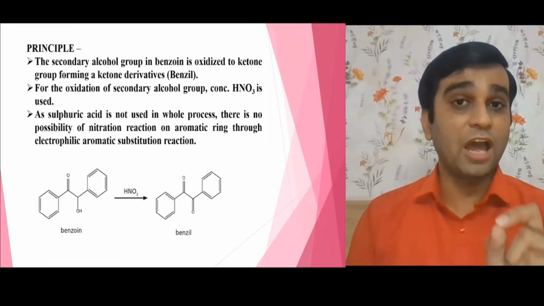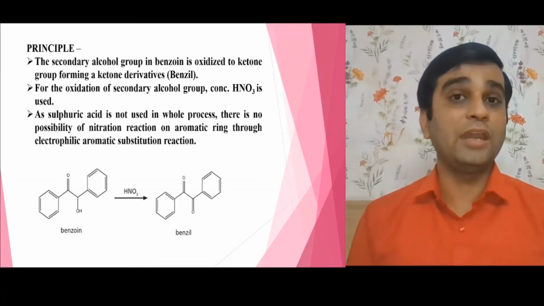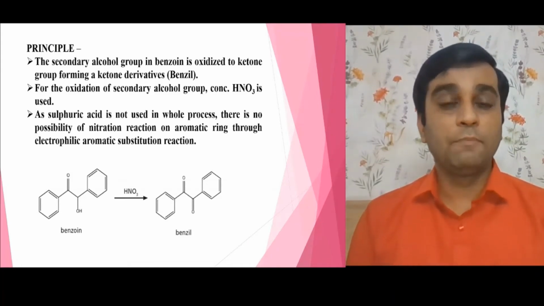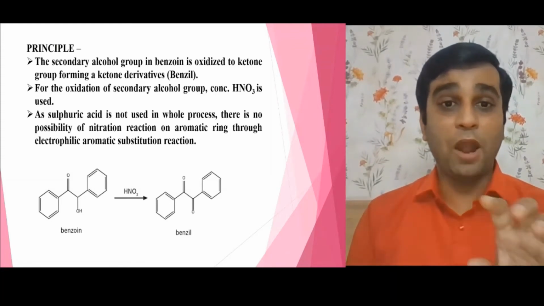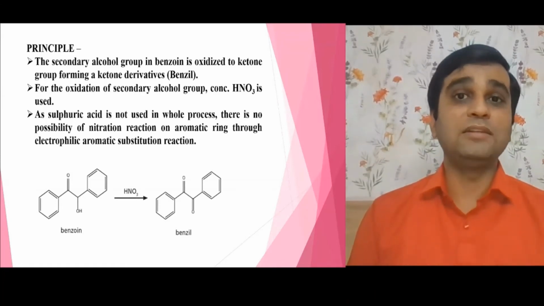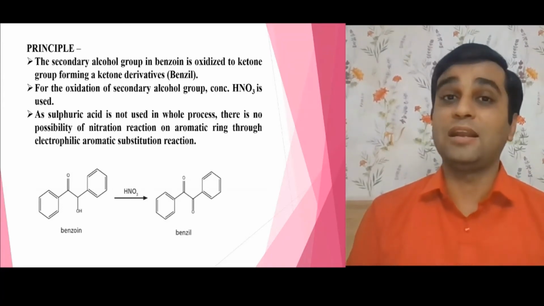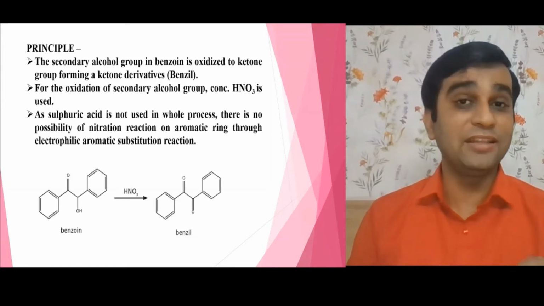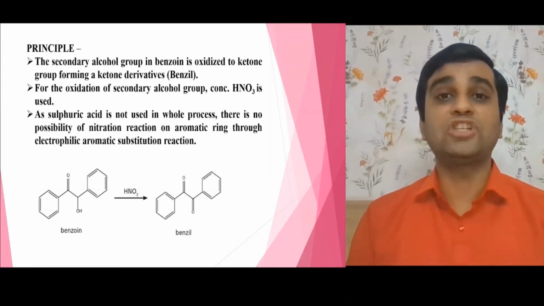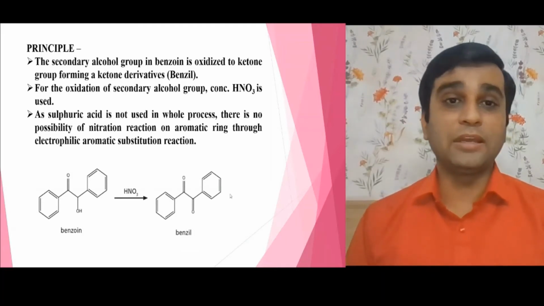Remember one thing, we are not using sulfuric acid here, and that is why there is no possibility of nitration, because aromatic ring systems are present. Definitely, we always think that when HNO3 is there, nitration of benzene happens. But H2SO4 plays a very important role as a catalyst. Now it is not there in the reaction, so there won't be any chance of nitration of the aromatic ring system.